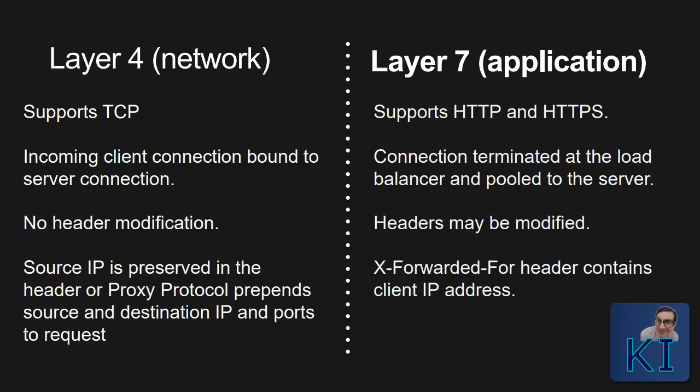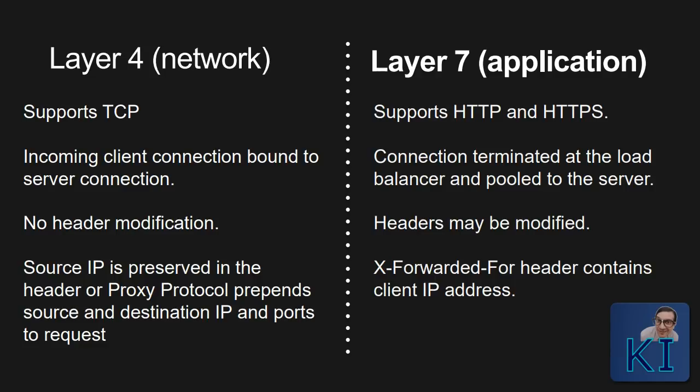And that is related to the next point written: the header gets modified. We have discussed earlier that in case your application needs to know the IP address of the client or the sender, then with an application load balancer or classic load balancer, you need to take it from the X-Forwarded-For header.